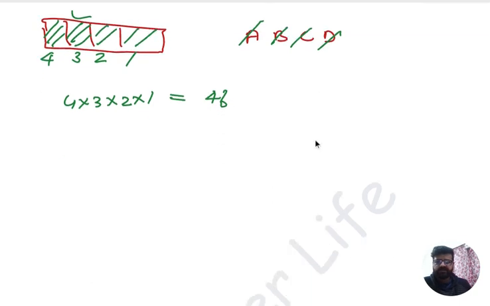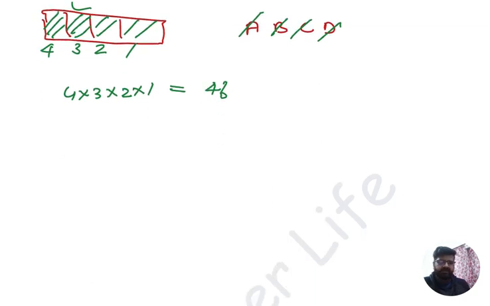Now come to the next. Suppose there are only 2 chairs, and the candidates are A, B, C and D. So you can see how many ways I can allot this seat. There are 4 candidates, so 4 ways.